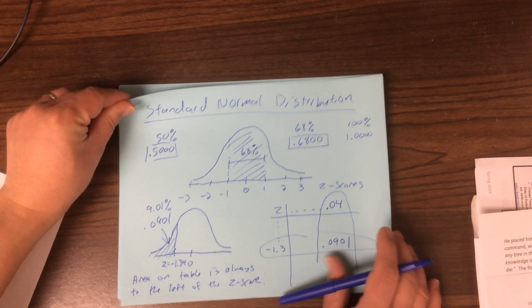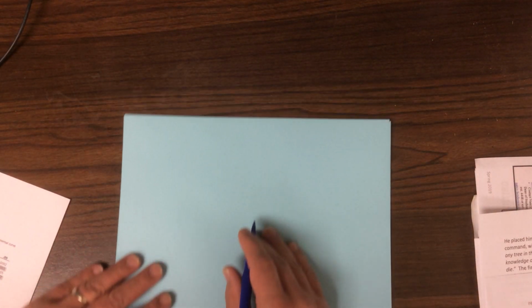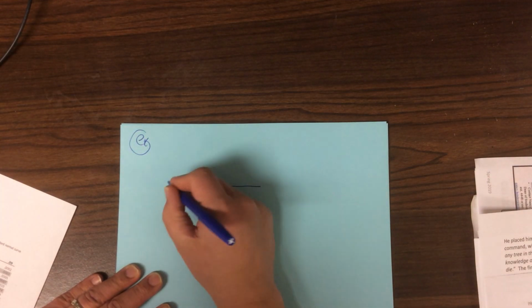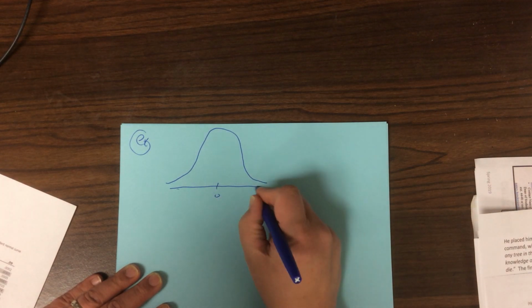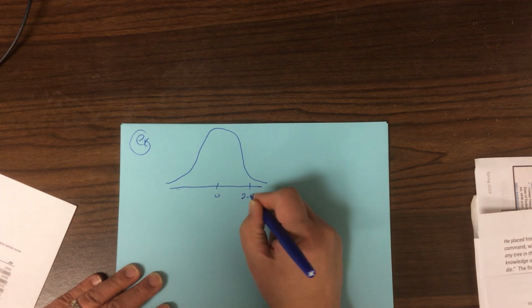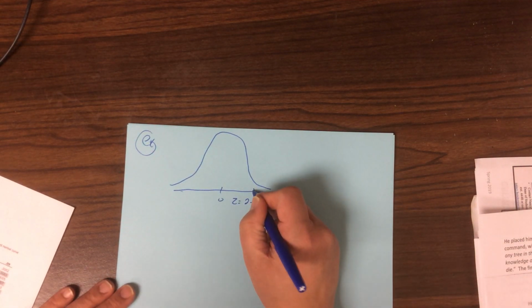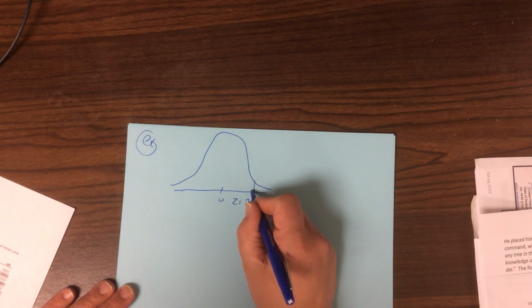So let me do one more example of this. Let's say I want to know the area below 2.76. So that's my z-score, a positive 2.76. That's almost 3 standard deviations above the mean, so that's way above the mean.